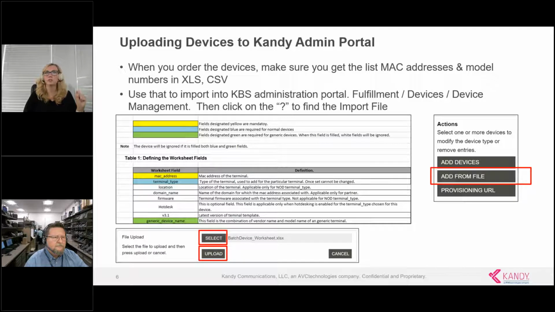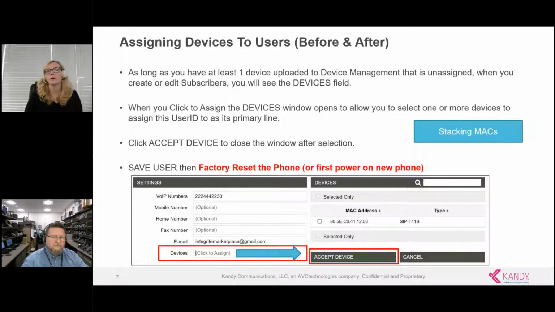You can select it on your computer and then you hit upload, and then it will upload every one of those devices. So you can do one device, you can do 1,500 of them, but you can do them all at once and get them in the system ready to assign. So that's super, super important to do, because if you're hand typing these in, there's a very real chance of fat fingering it or typing it in incorrectly.